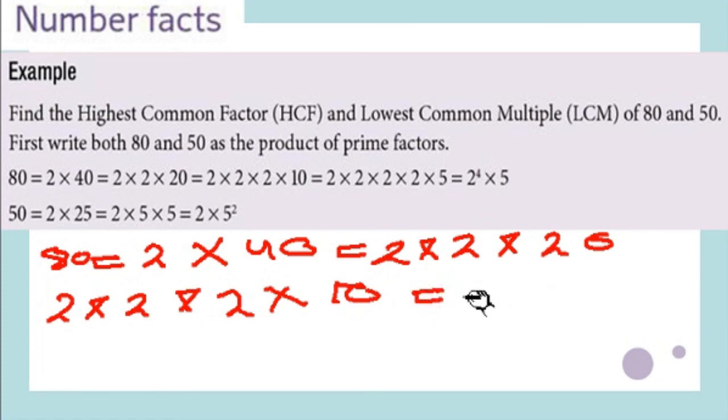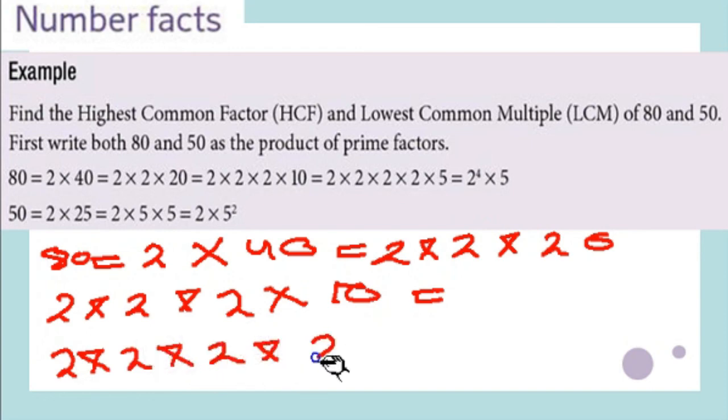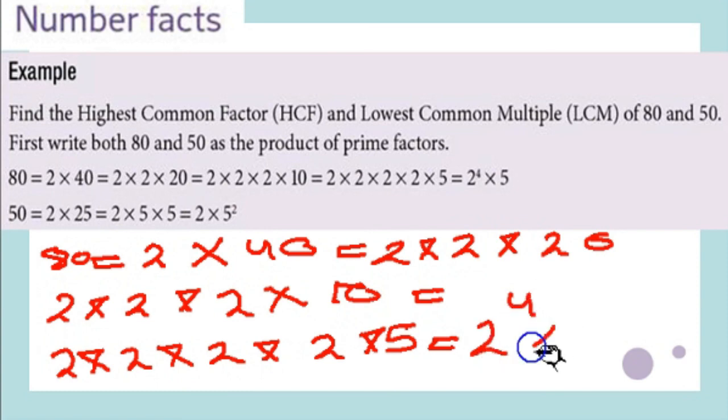And this 10 we can also say is 2 by 2 by 2 by 2 by 5. That's it. But the 5 cannot be divided by 2, so it's over. How many 2s here? 1, 2, 3, 4. So this is 2 power 4. That means I have four 2s multiplied by 5. Okay, that's what I did.